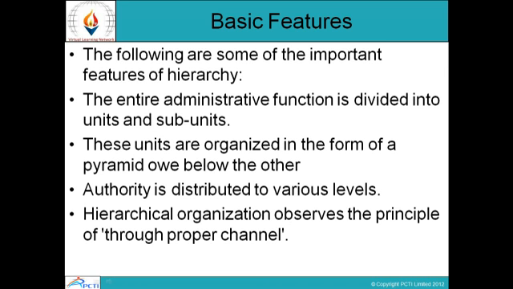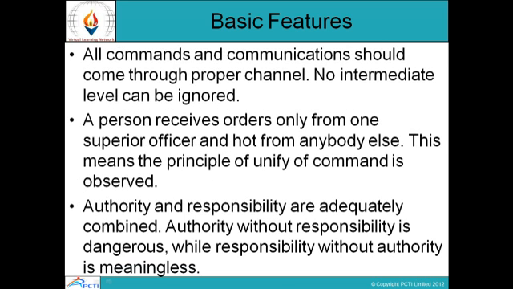Another basic feature is that a hierarchical organization observes the principle of through the proper channel. It provides us the proper channel and the proper working. Another is that all commands and communication should come through a proper channel. No intermediate level can be ignored.